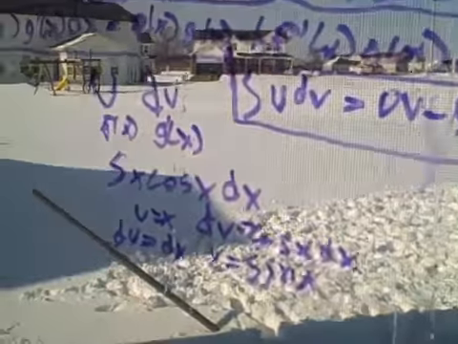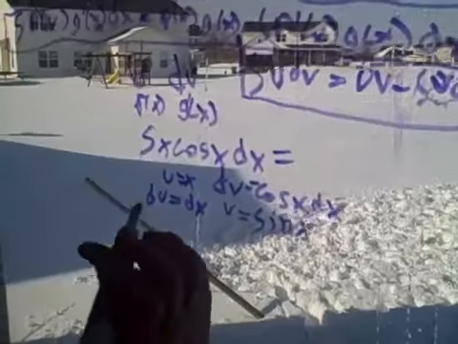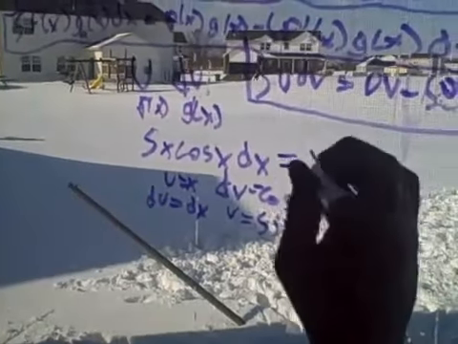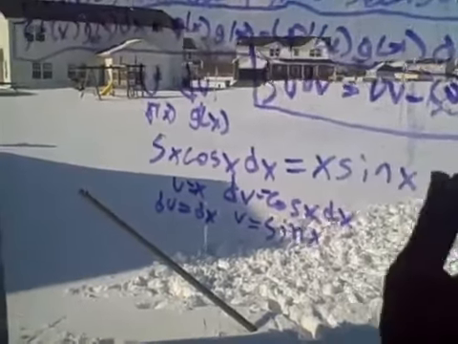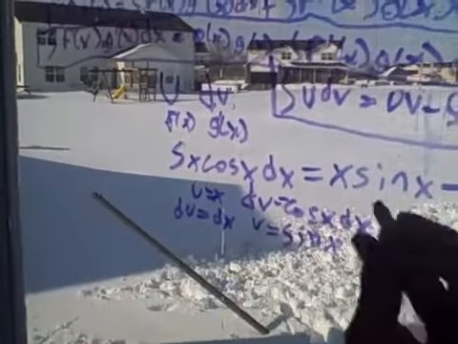So now we have that. I can now simplify this. We have the integral of x cosine x dx equals u times v, so this is x sine x minus integral of v du, which is sine x dx.